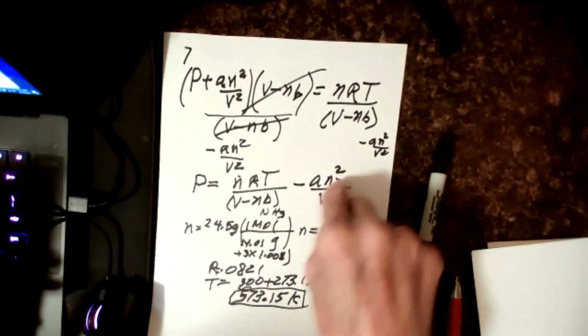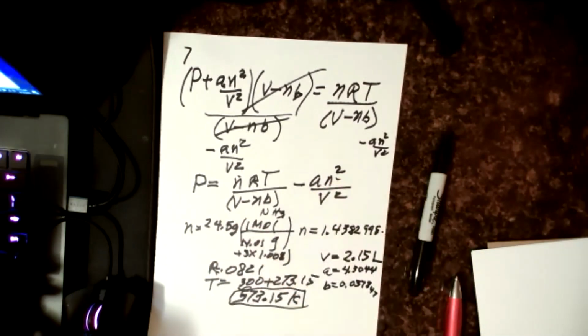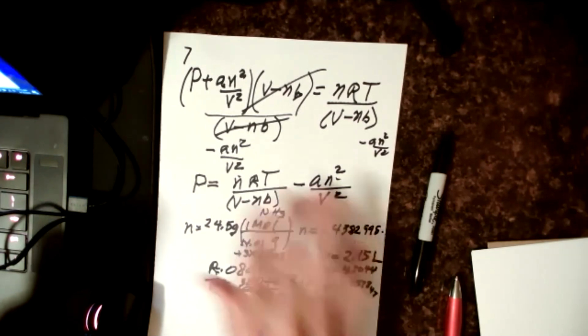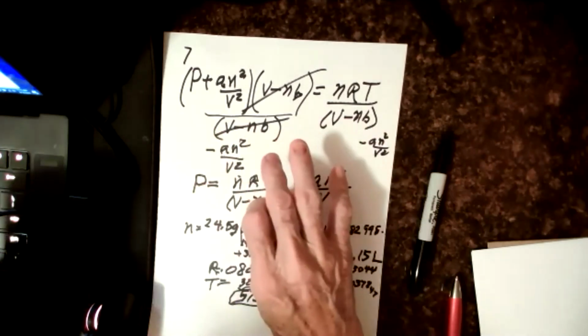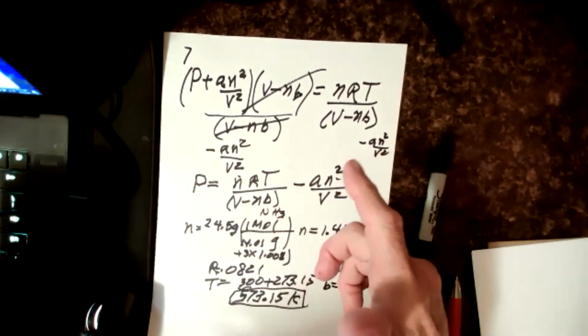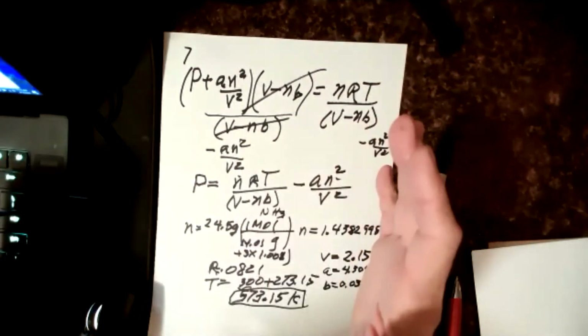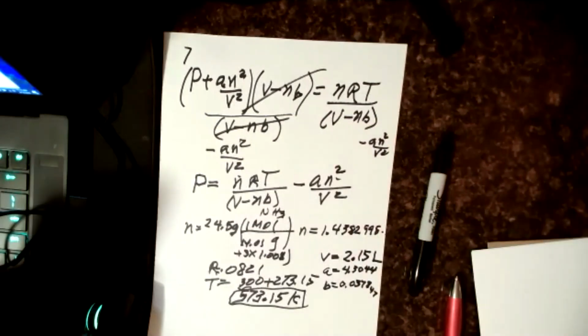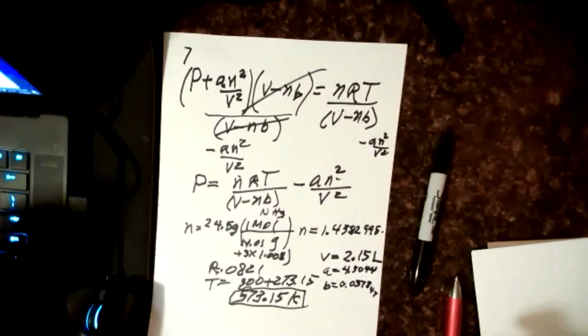That's got an n squared, and then I want to divide it by V squared, 2.15 squared. Now, if I didn't screw up somewhere, this ought to come out exactly right. I haven't rounded off anything. I'm ready to get the answer and round off the answer. Okay, so I'm going to push equal and see what I come out with.